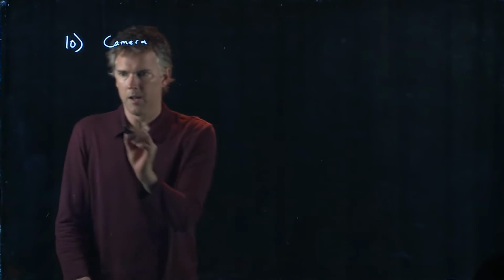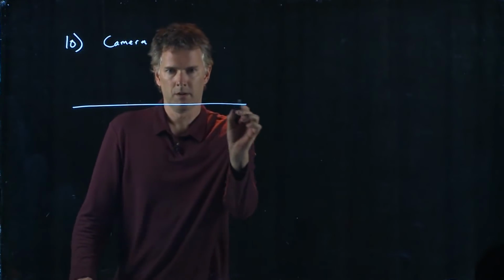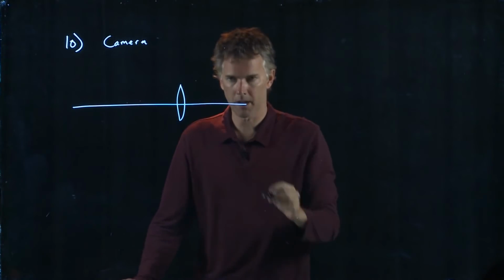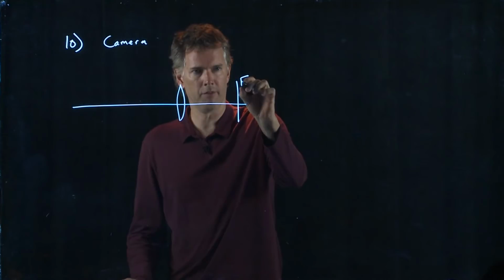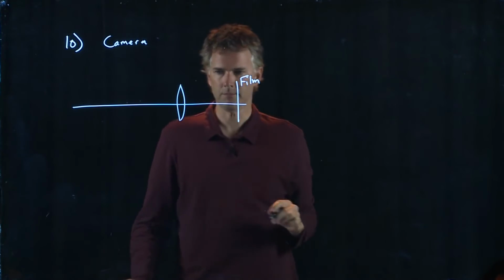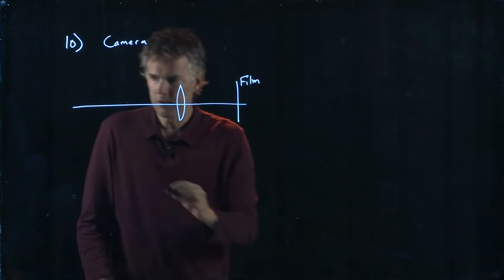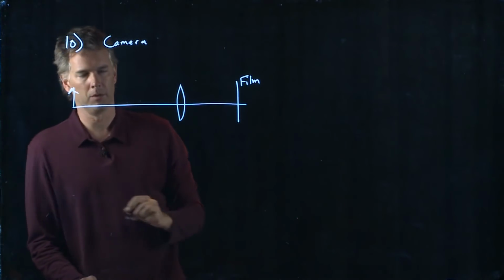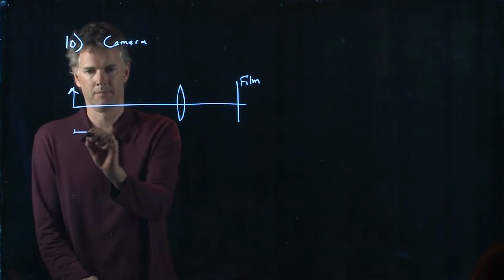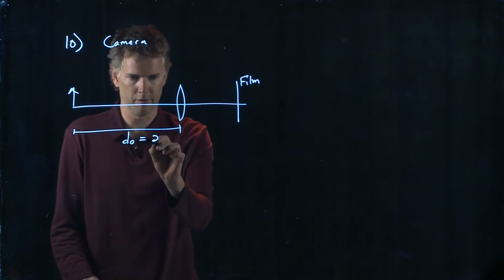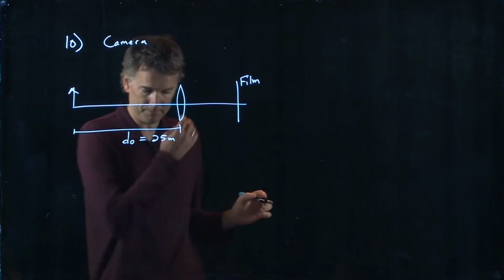And let's just draw a simple picture of our system. Okay, here's the lens in the camera. Here is the film plane. And there is an object that is 25 meters away. So for the first part we have 25 meters.